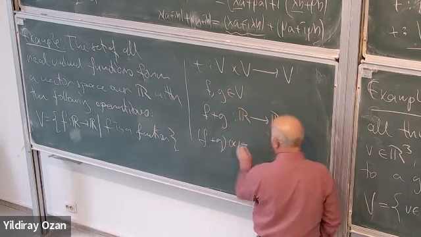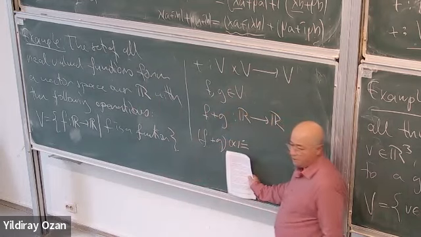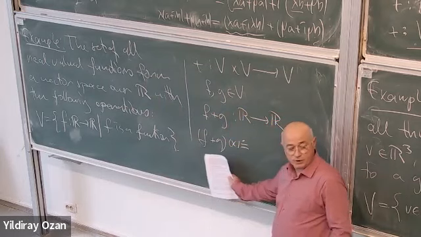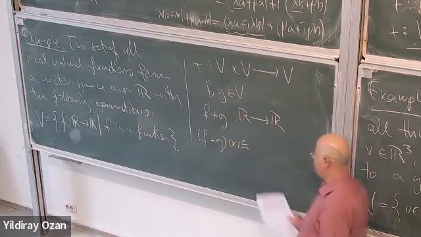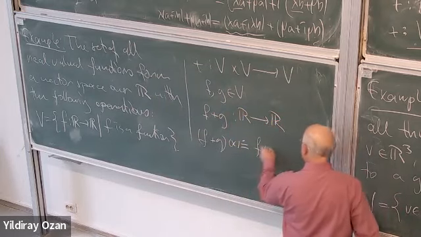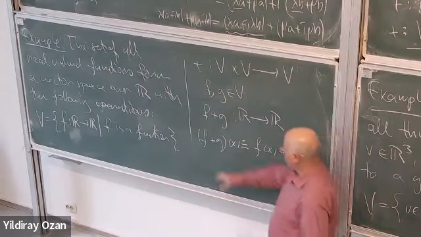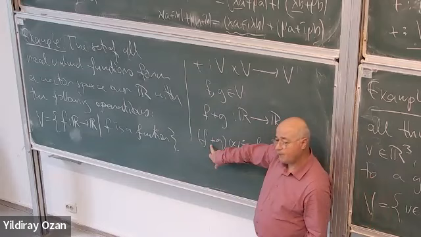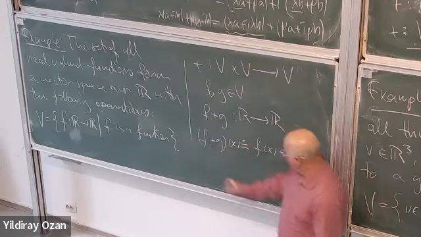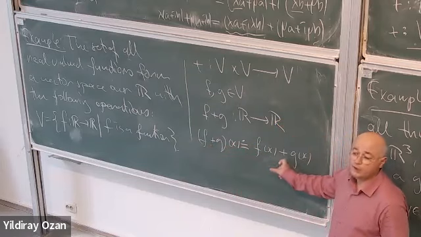At any point, so I am now defining this function. This is a new function. (f plus g) of x is what? It is just f of x plus g of x. Here, this addition is the addition of vectors, in this case just functions. This is the addition of two real numbers.